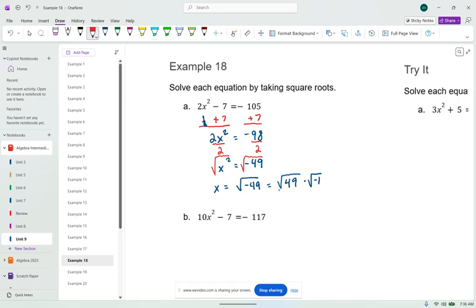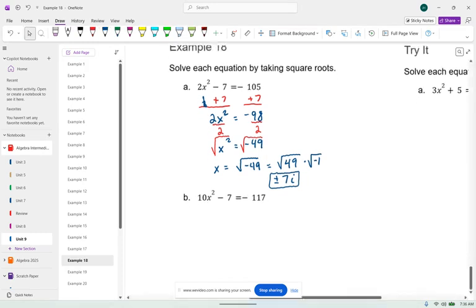And I can take the square root of 49. That gives me plus or minus 7. And then, as we learned in the vocab, the square root of negative 1 is i, our imaginary number. So that's going to give us our solution to this set.